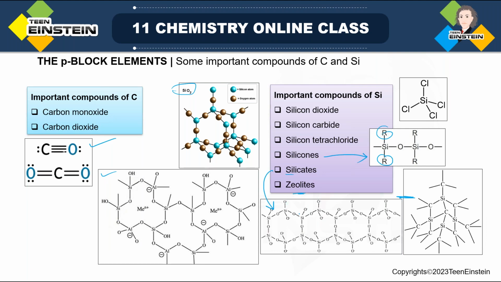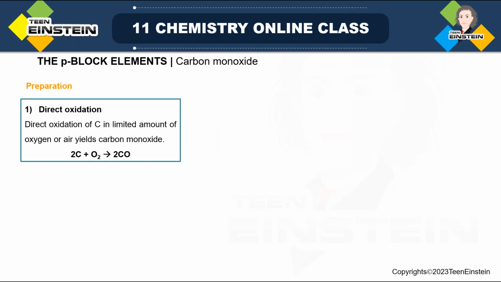There are so many different varieties, and we'll see that separately under the heading of silicates. And zeolite is also a very large network type structure. So 1, 2, 3, 4, 5, 6, a total of 6 important compounds of silicon we are going to discuss, but not in this class. Today we will start with carbon monoxide.